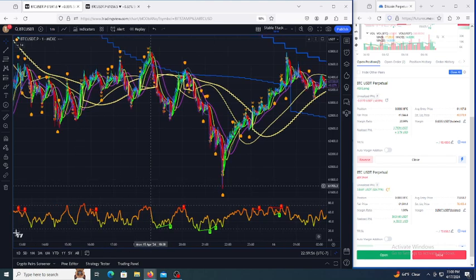So like right here you got a triple W. That's a strong signal right there on the third W. So if you took the second one, and you got stopped out, take the third one. Right here an M for a down signal.